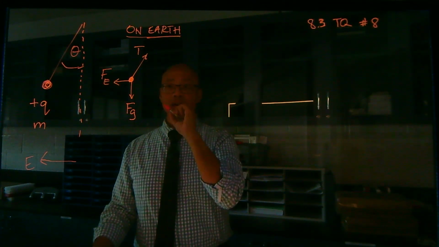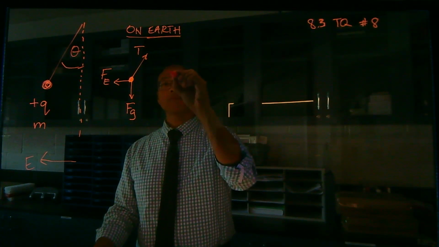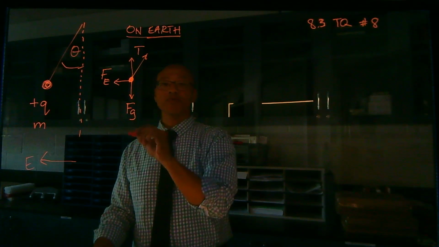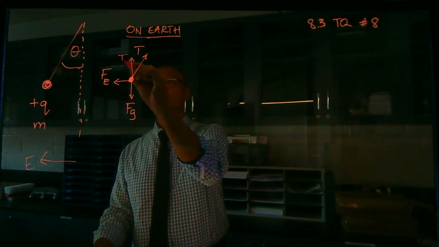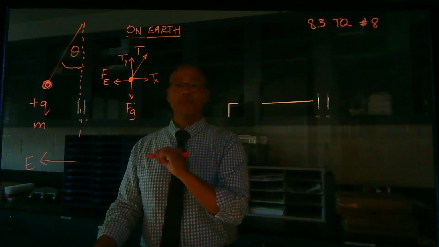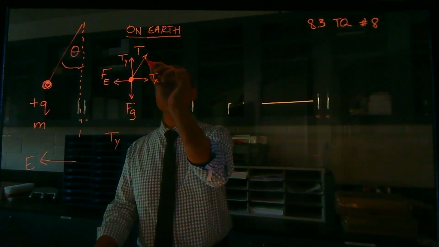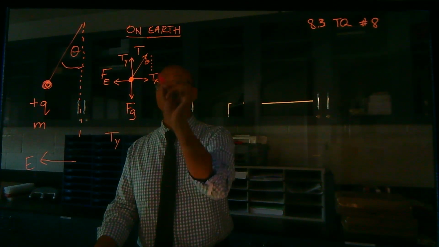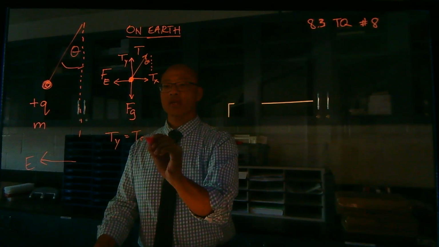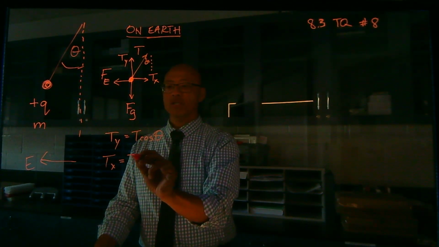And this is an angle theta, which means if we look at the components, that vertical part, T in the y direction, and T in the x direction, are functions of T and theta. So here's theta up here. Ty is going to be T cosine theta, and Tx is going to be T sine theta.